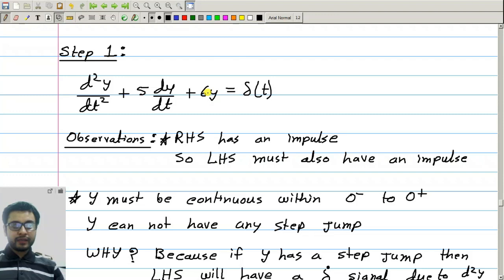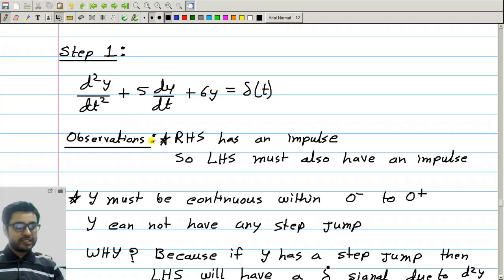So y cannot have an impulse function in it, or y cannot be an impulse function. So y cannot have a step jump, y cannot be an impulse signal.